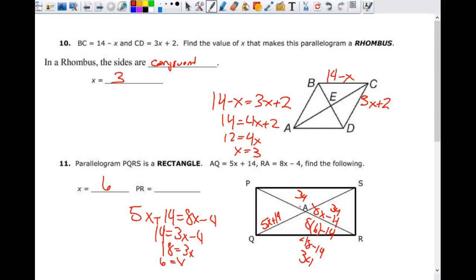Oh, sorry, it's minus 4. So that's 44. Okay, that makes a lot more sense now. So 48 minus 4, not 14, which is going to be 44. So this is also 44 over here, so this is going to be 88. The reason why I knew that was wrong is because I had 5 times 6 plus 14, which is 44, and we were saying this was 34, so I knew something was wrong there.